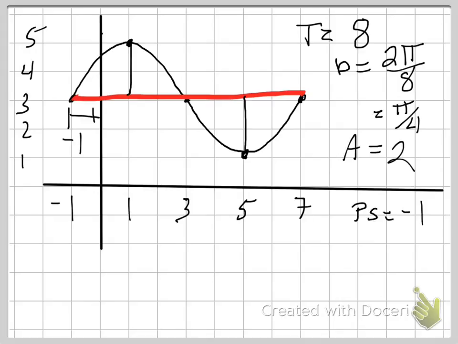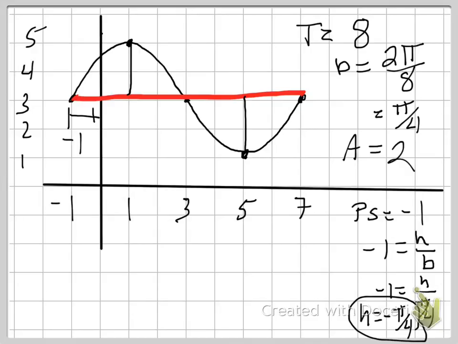But now negative 1 then is going to equal what our book calls that h constant divided by the b. Otherwise it would be phi over omega. So basically what h is going to equal is negative 1 is going to equal h over pi over 4, or h is going to equal negative pi over 4. Okay.